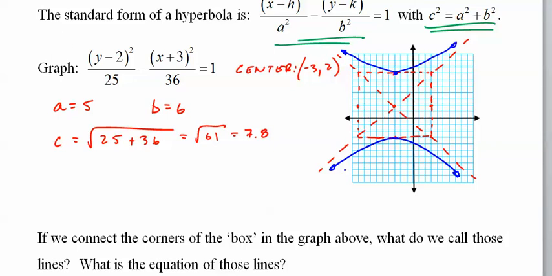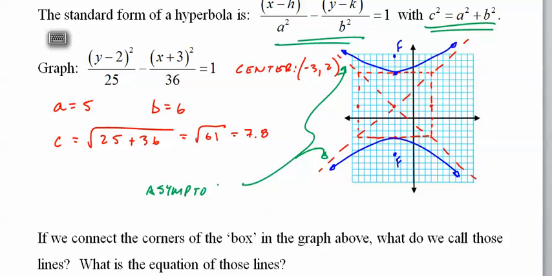And our foci are 7.8. About there. These red things are, of course, called asymptotes. And that's what the answer to that question is.